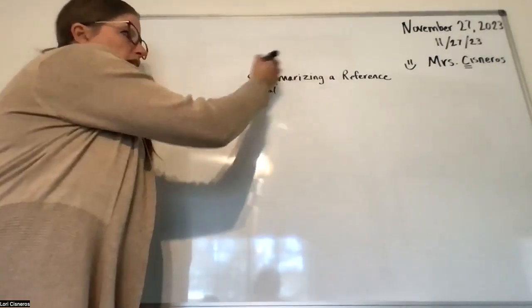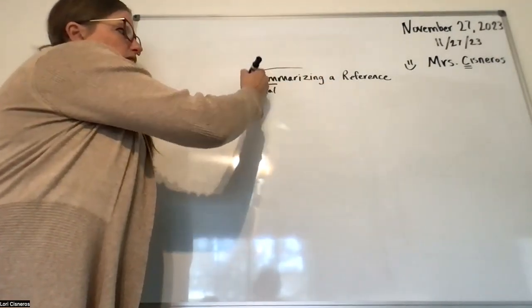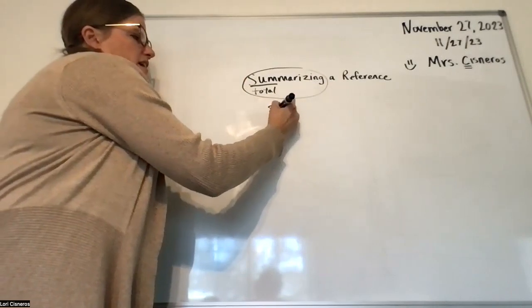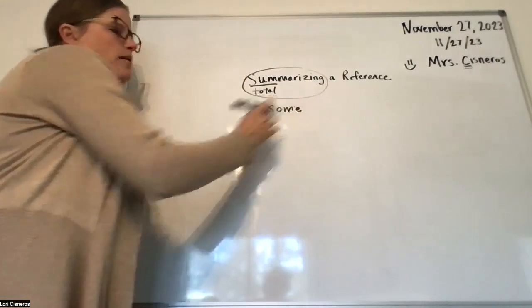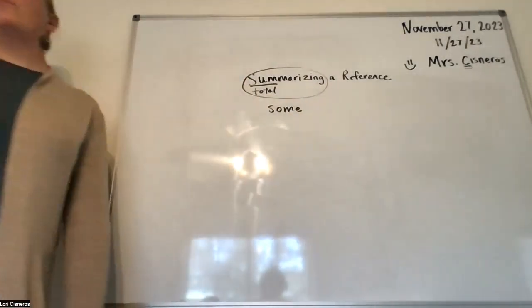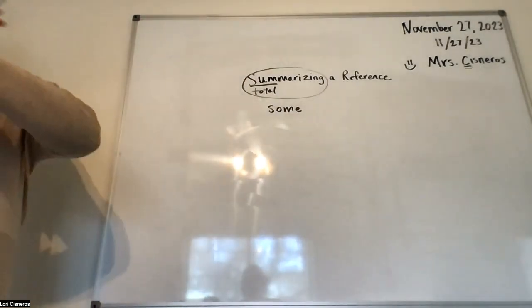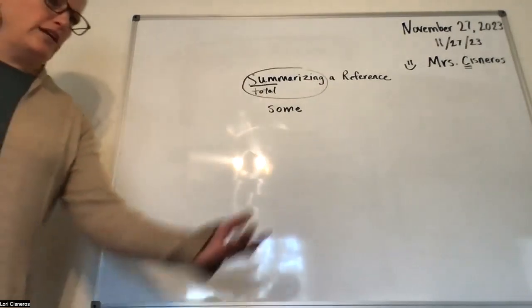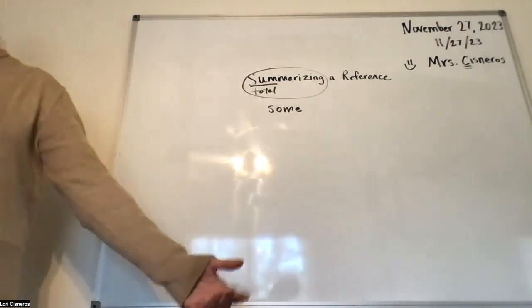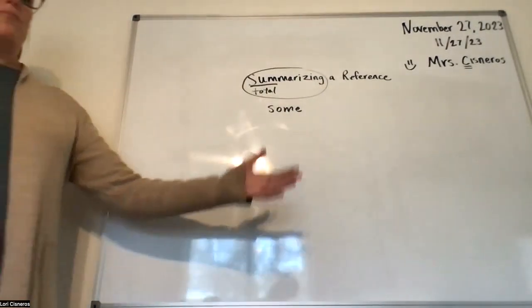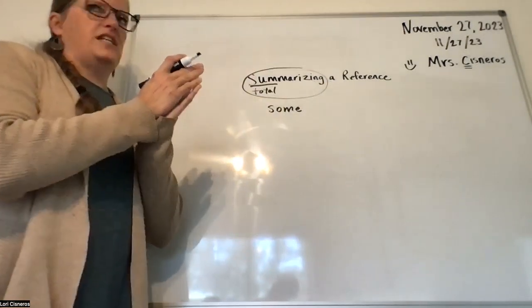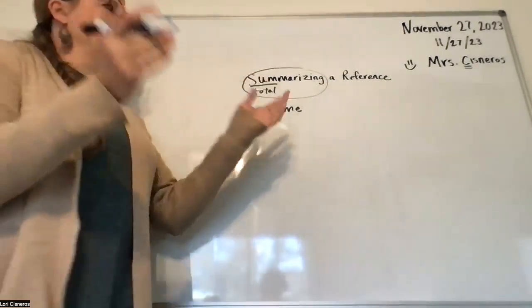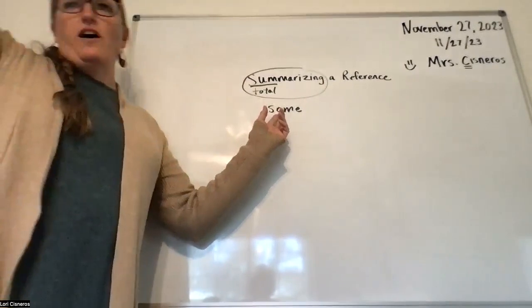When we summarize something, it's more like SOME. We read an article that has maybe 50 things about birds, or 50 things about volcanoes, or 50 things about Mars, and we only do a report on maybe 10. So we give some information about a lot that we read about.